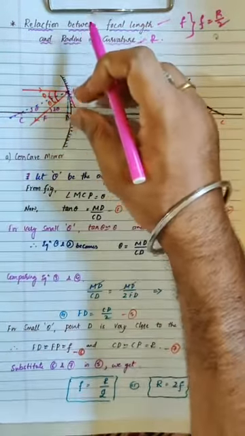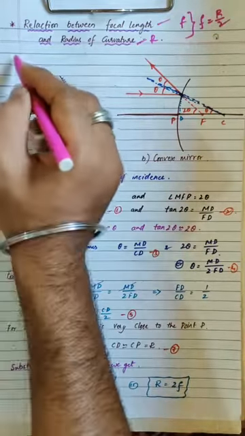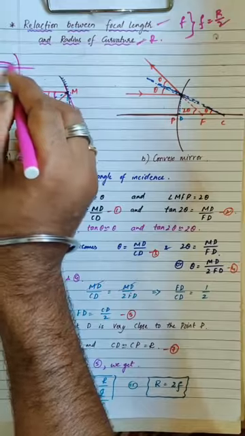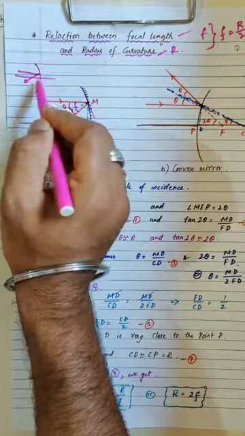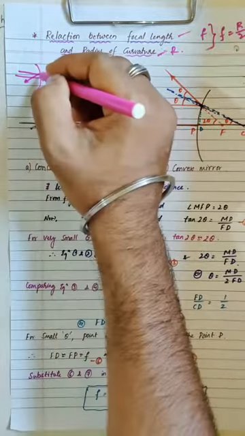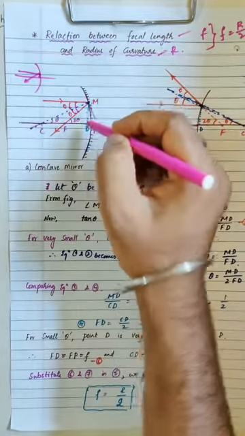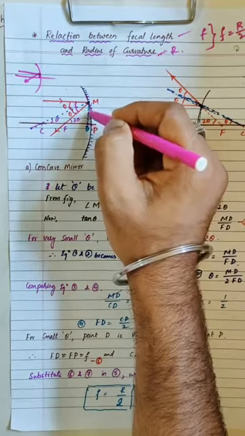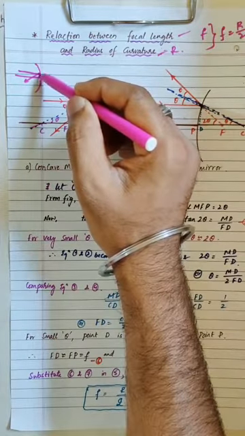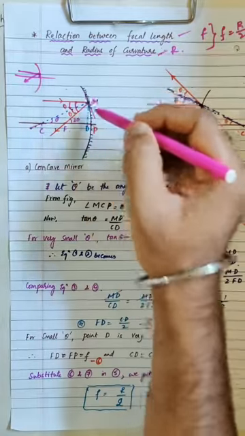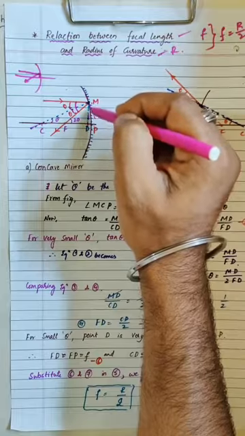If we consider parallel rays like this, these are very near parallel rays, so this theta will be very small and this looks like a very straight line. Here also this is curved, but in actual sense it is very narrow in size, so we consider it a straight line. So this MD is nothing but MP, and we can replace it.